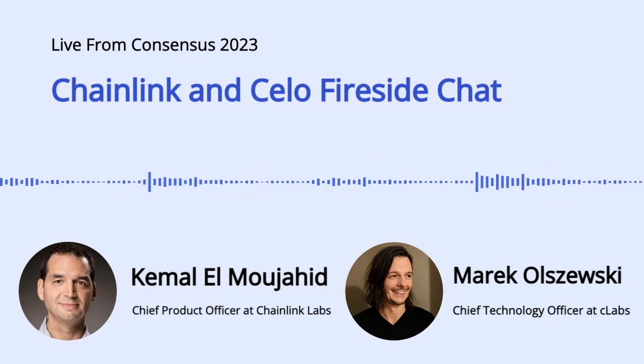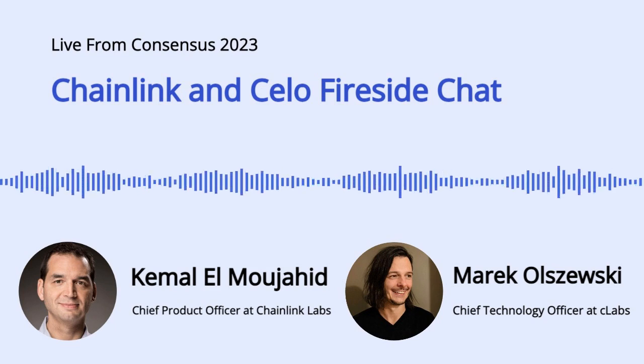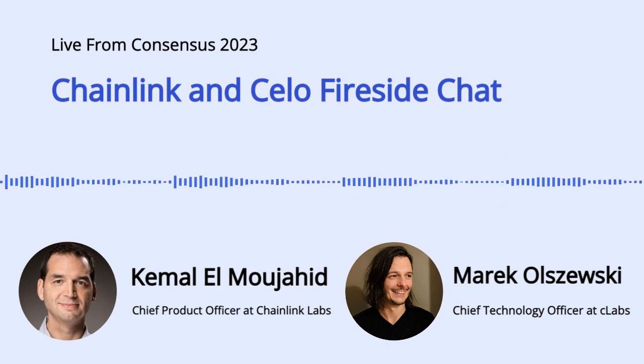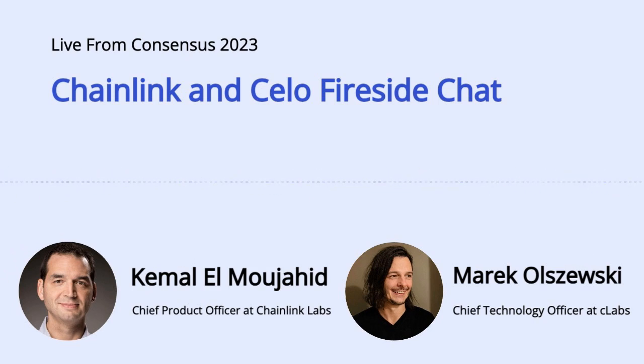And so Celo has this primitive called Social Connect that lets folks connect their phone number in a privacy-preserving way to their wallet. This allows people to send payments to any phone number in the world. It also has the ability to pay for gas with ERC20 tokens, which means that if you're sending a stablecoin to someone's phone number, for example, you can pay for gas with that token.